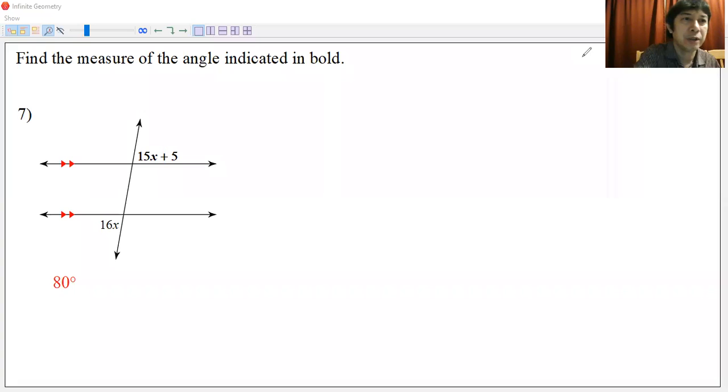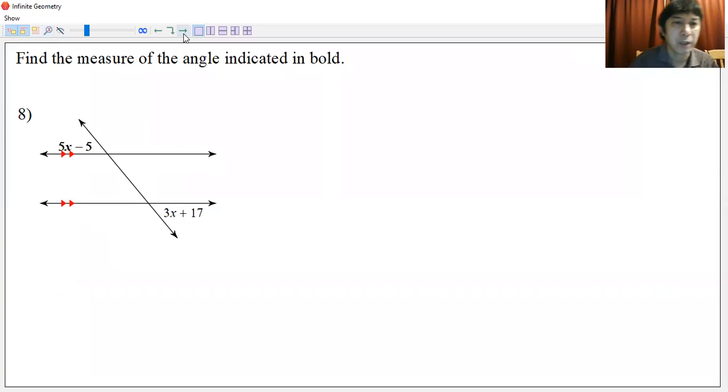Let's have number 8. Okay, here's number 8. So we have parallel lines again, okay, based on the red symbols. And the two angles we can see labeled with the algebraic expressions, it looks like a pair, which is like number 7, alternate exterior.